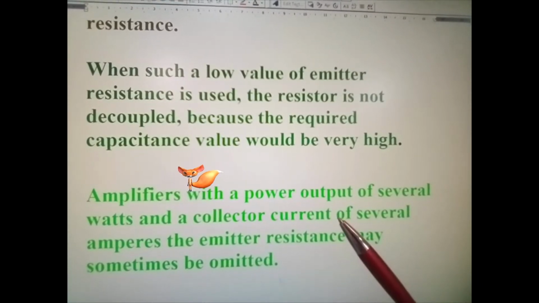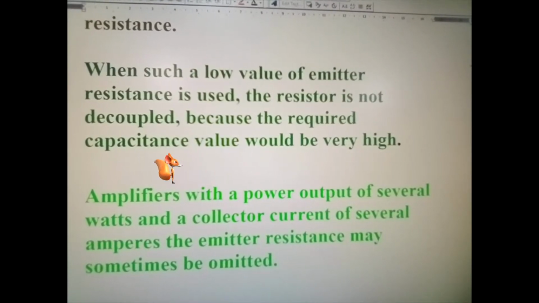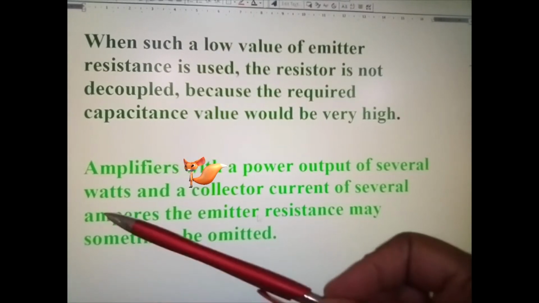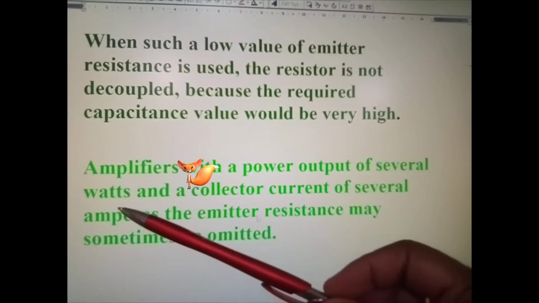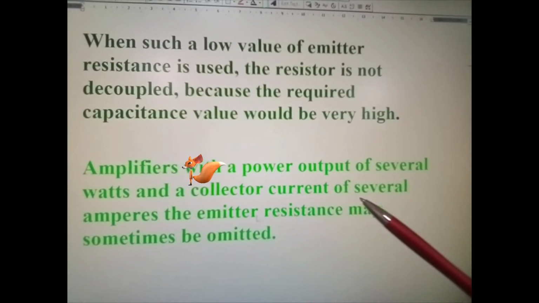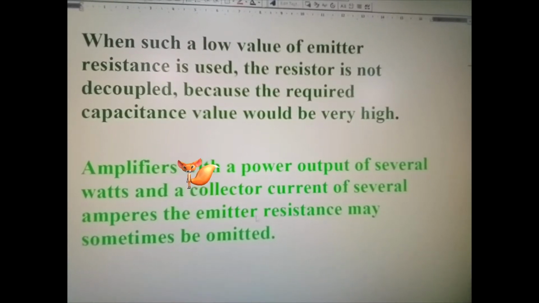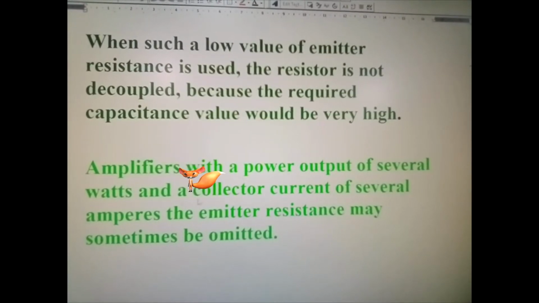So it's a small amplifier, nothing large. Now again, just to recap, amplifiers with a power output of several watts and a collector current of several amperes, the emitter resistance may sometimes be omitted. And you'll see where that comes in a little bit later on when you begin to do the diagrams.